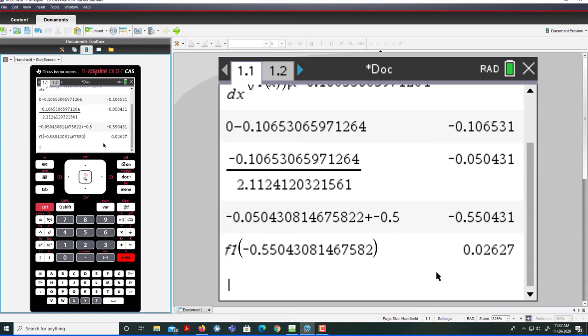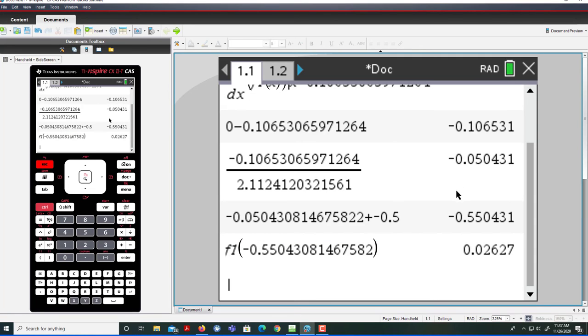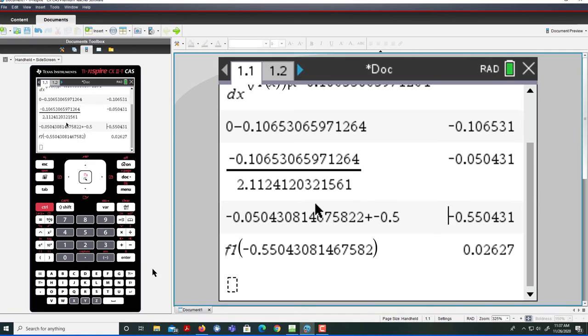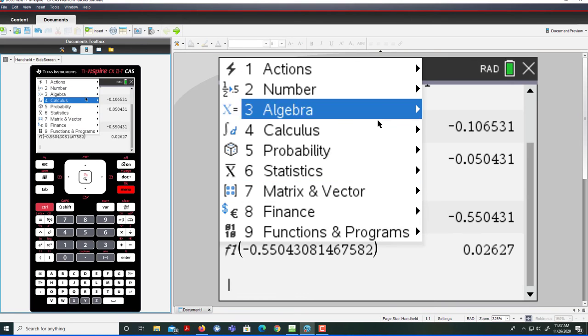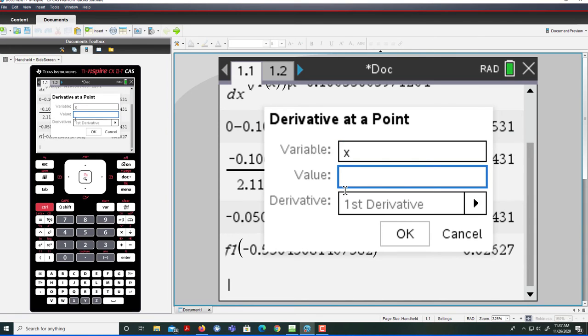Now, what we're going to do, menu, oh wait 1 second, hold on, escape, let me get out of here. I'm going to arrow up, there's my 0. So there's my x value that I've approximated. Menu, I'm in calculus class. Derivative at a point, my value.